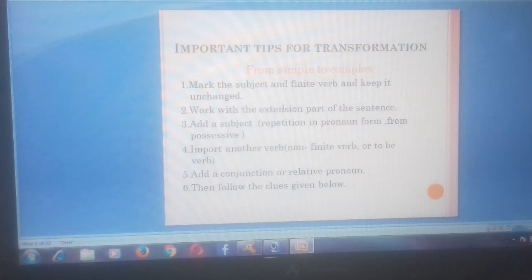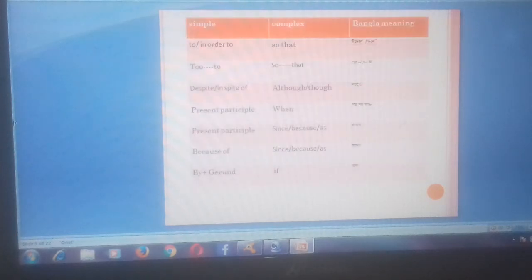Then we will add a subject, and we can find the subject from repetition in pronoun form, or we will get it from possessive. Then we will import another verb. That verb may come from non-finite, or it may be a to-be verb. Number 5, add a conjunction or relative pronoun. Then follow the clues given.